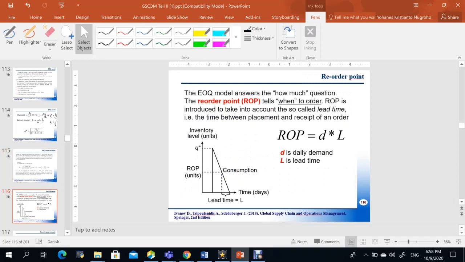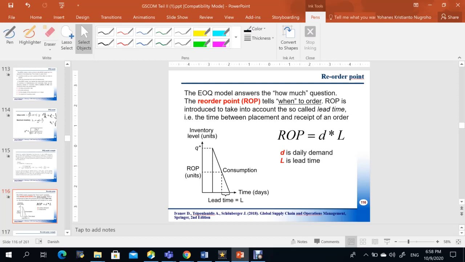Okay, now we go to reorder point. What is that? The reorder point is a point that gives a signal to the production planner and inventory controller to place an order with suppliers. The economic order quantity answers the how much question, but the reorder point tells when to order.